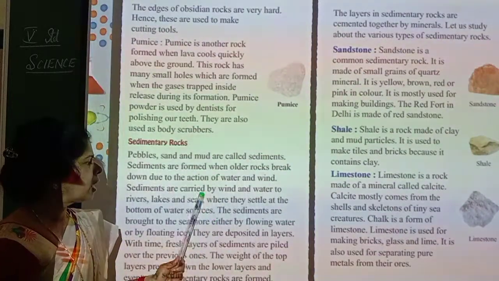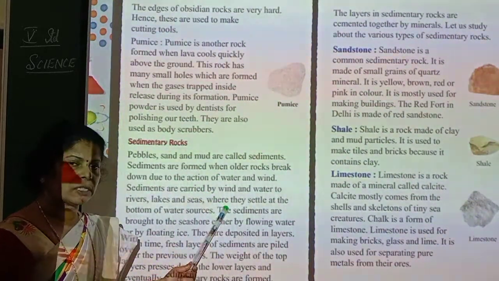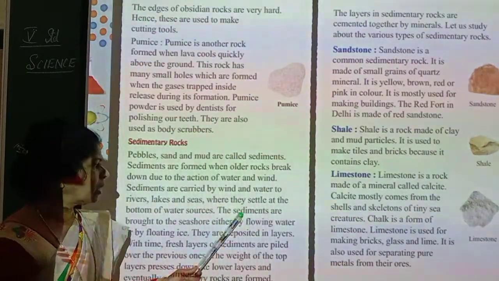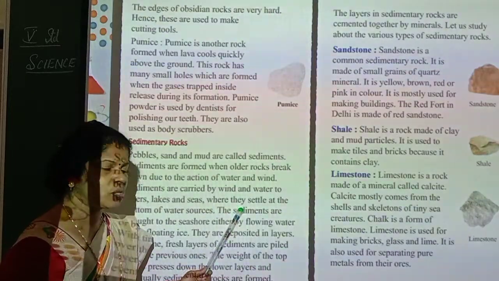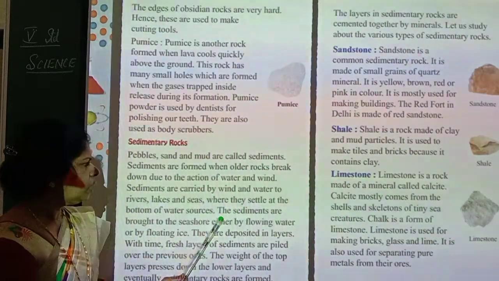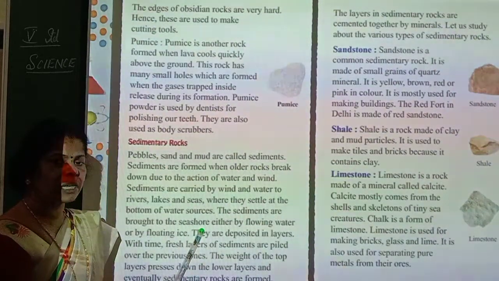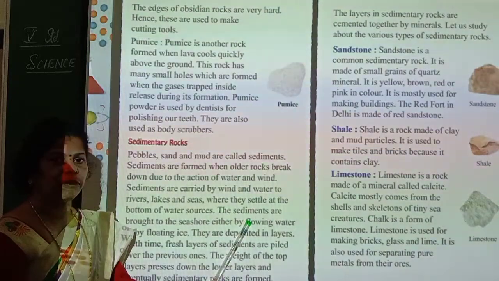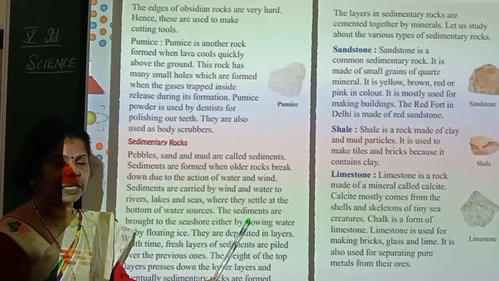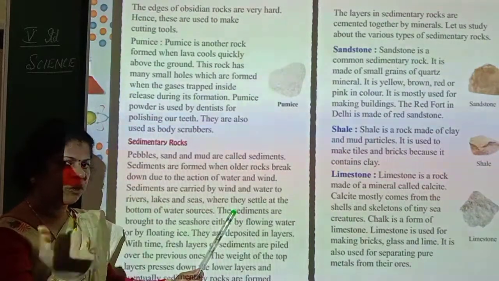The mud particles, the stone particles and all are carried by wind and water, and they are deposited in the water resources. The sediments are brought to the seashore. You can see the wave-like structures when they come in the sea. At that time they carry all these things.